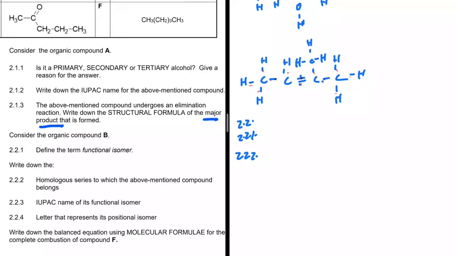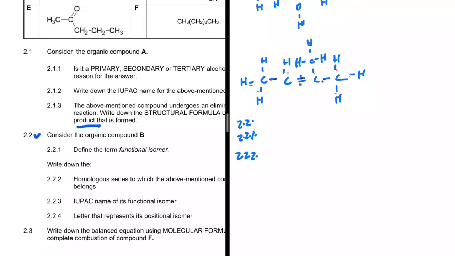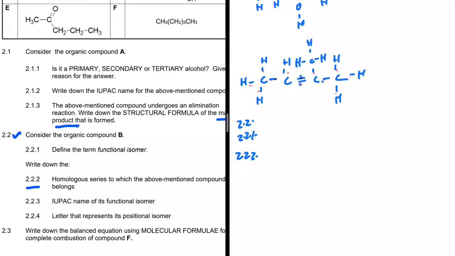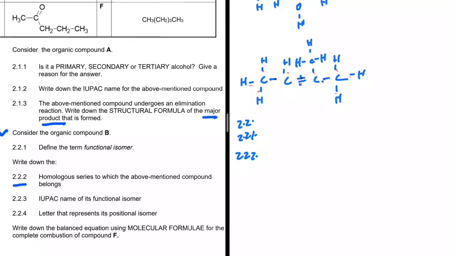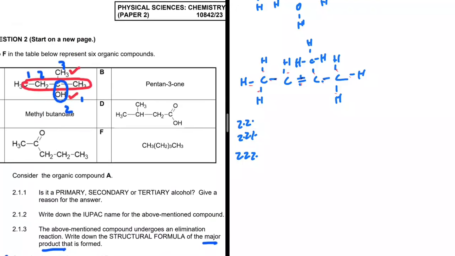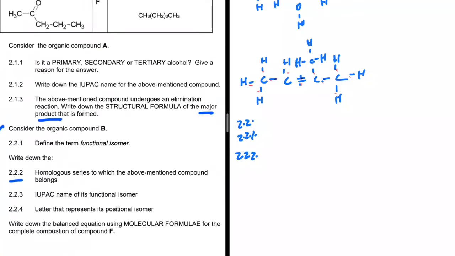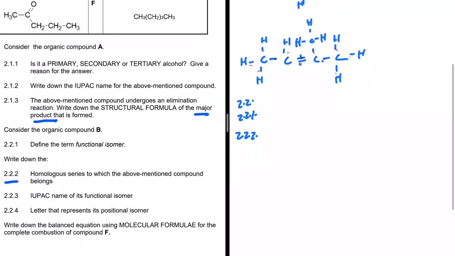Compound B is a ketone, but the name of the homologous series is actually not ketone. It is ketones. It is in plural, by the way.